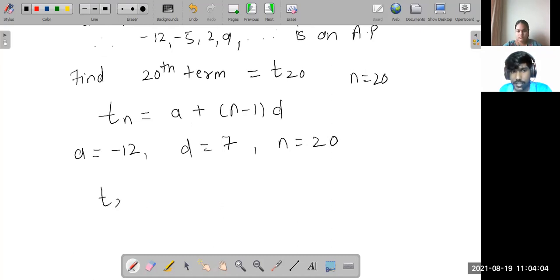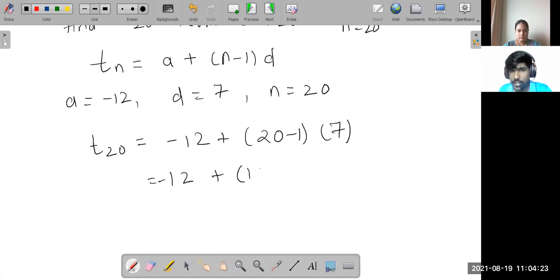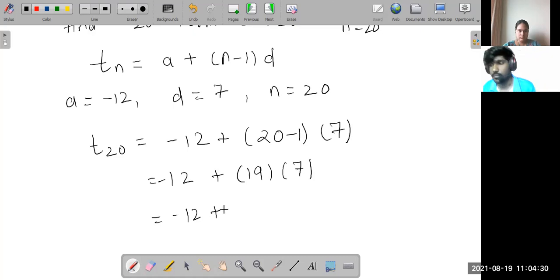So T20 equals A is minus 12 plus n minus 1, that will be 20 minus 1, multiplied by the common difference, that is 7. Substitute, so this will be, solve, minus 12 plus, first subtraction, 20 minus 1, 19 into 7. Next, you multiply 19 into 7. How much is 19 into 7? 133.